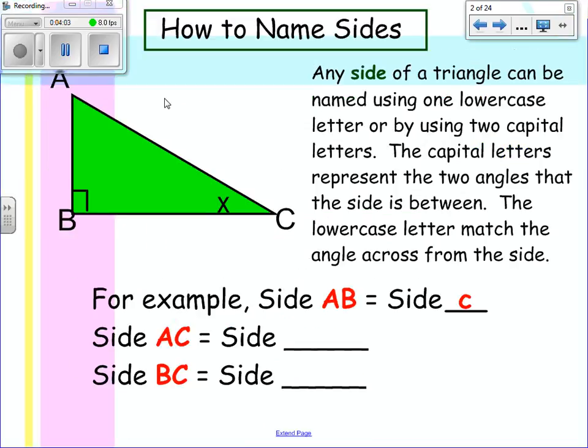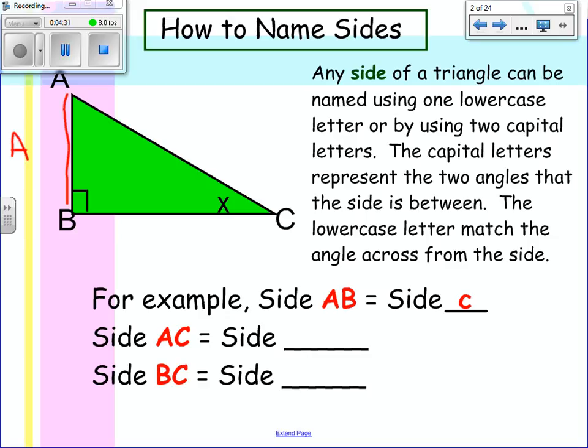All right. If that wasn't confusing enough, then they have different ways of labeling your sides. So that's how you label your angles. You label your sides in two different ways. The first way is to describe it as from corner to corner. So I would call this side AB because it goes from A to B. And I write it like that.